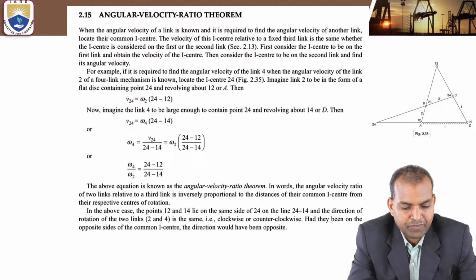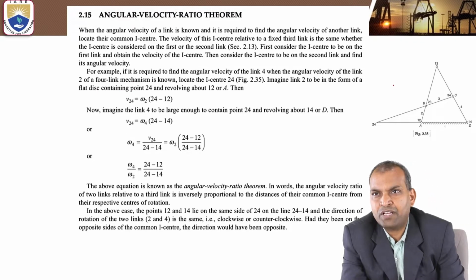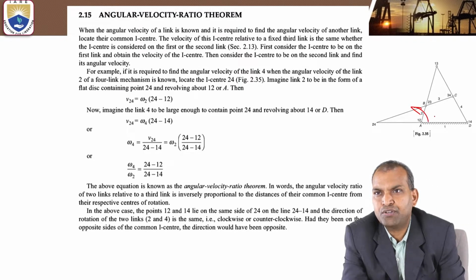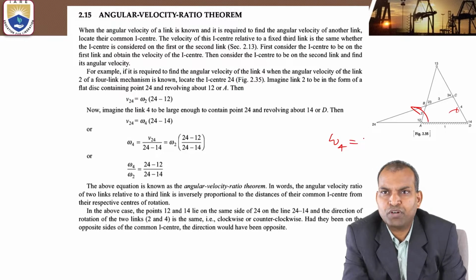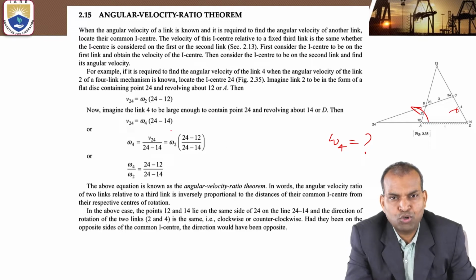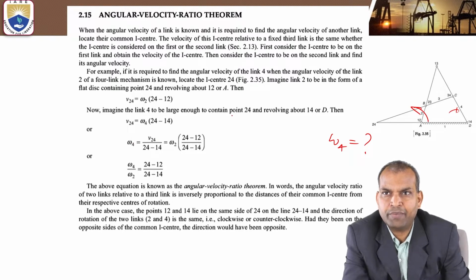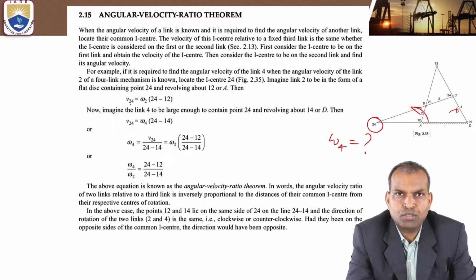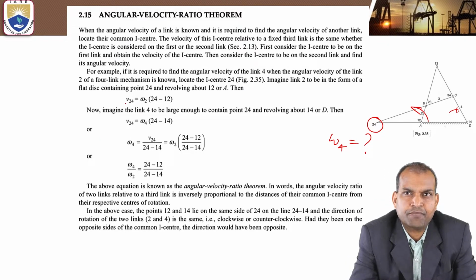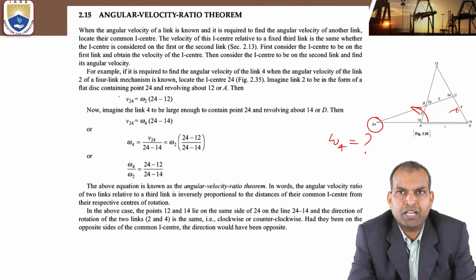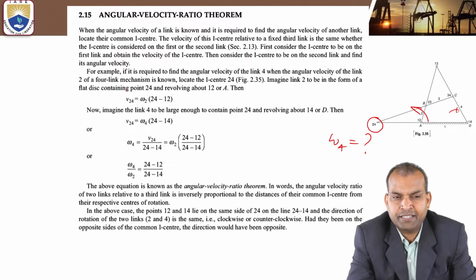For example, if we know the angular velocity of link 2, and we don't know the link 4 angular velocity, that is omega 4, what do we do? We have to locate the common I center. That common I center is for links 2 and 4.